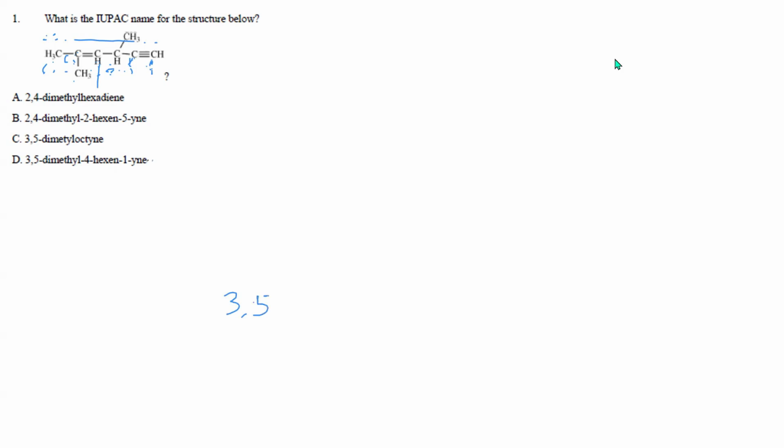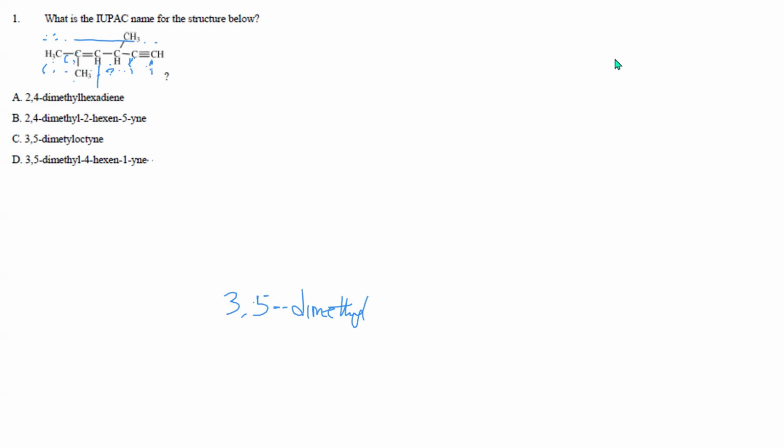Between number and number, we use a comma. Since the methyls are 2, at positions 3 and 5, it's going to be dimethyl. Then at what position do we have the double bond? It is at position 4.